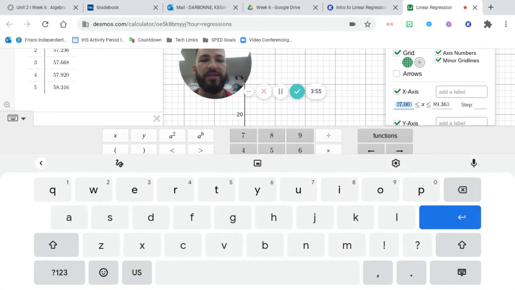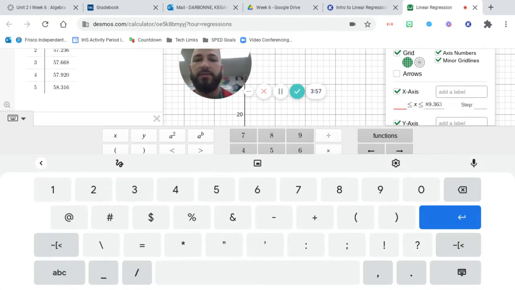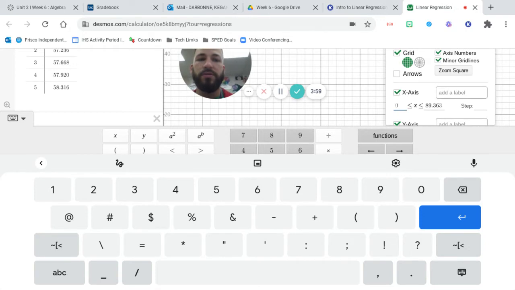So I can change this to 0 to, let's go with 6, so we're just a little bit bigger.